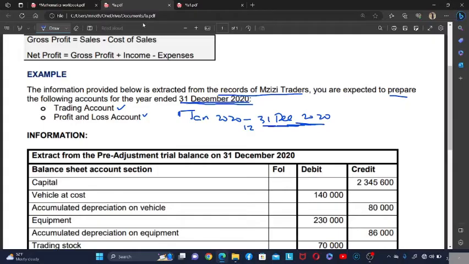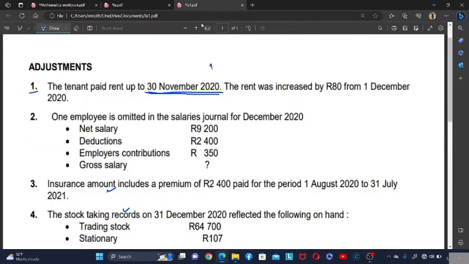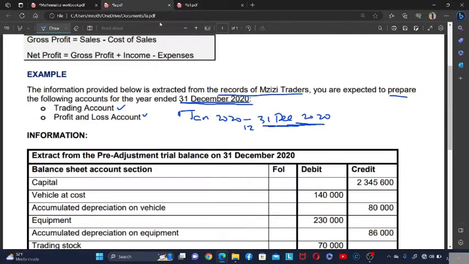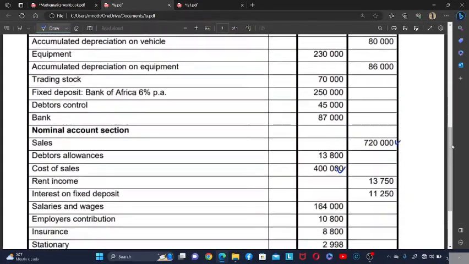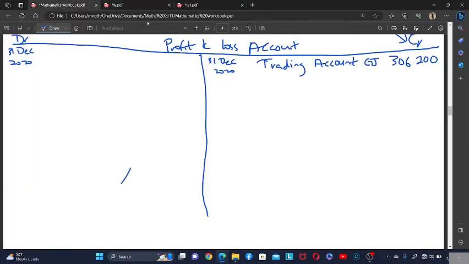We only received the rent for 11 months. So the rent income here is for only 11 months. We are told that on the credit side we record all the incomes.